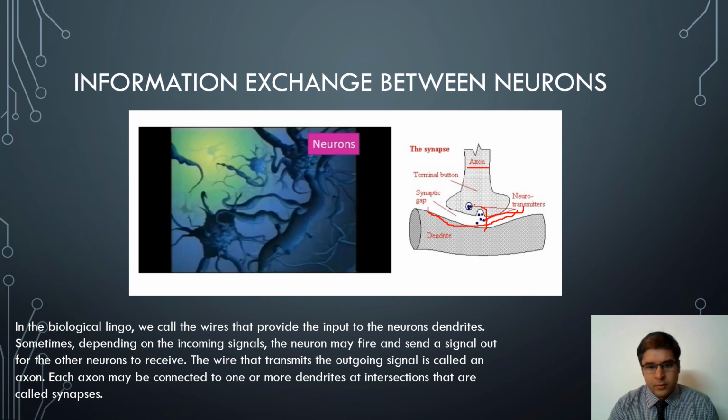Hope this is clear. The output of one neuron is transmitted to the input of another neuron.